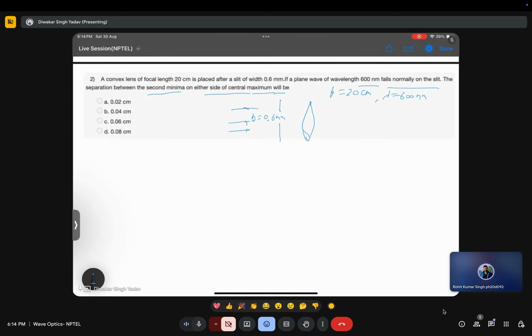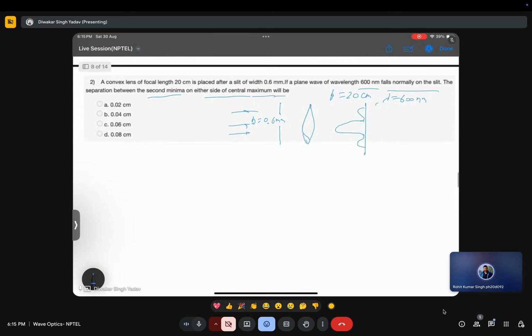So here is the screen, and you have the central maxima, the first minima, second minima, and then the second minima on the other side. So basically we have to calculate this distance.